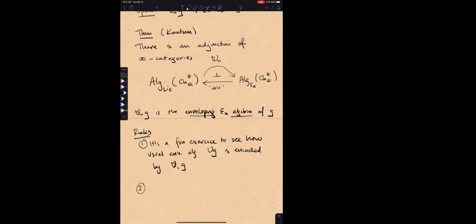And secondly, I should say that Knudsen actually proves a better theorem. It allows for the target category C to be an arbitrary symmetric monoidal stable infinity category, possibly presentable.